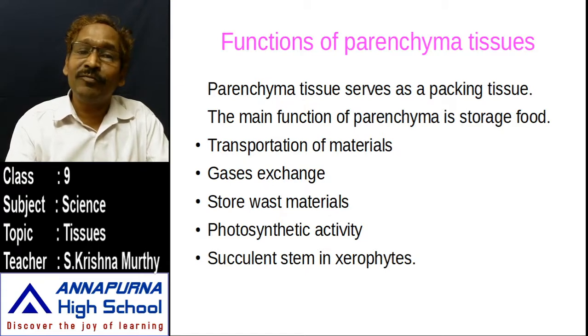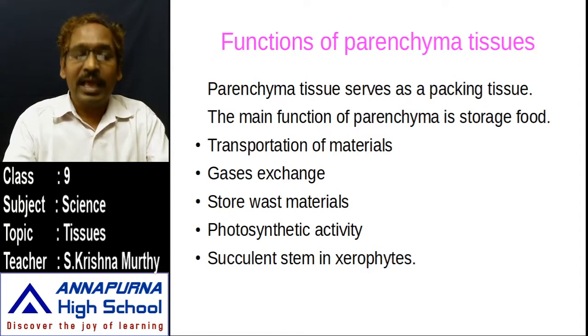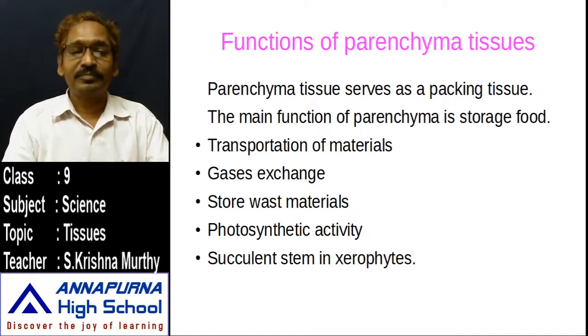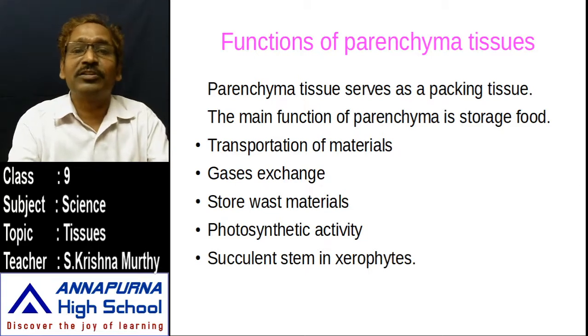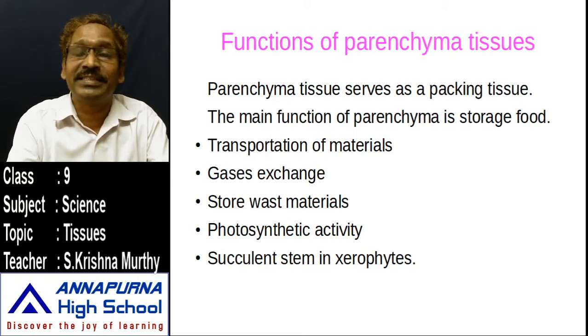Wherever the food is stored, that area contains parenchyma tissues. So parenchyma tissues help in the exchange of gases and storage of food material. Not only that, they also store some waste materials. What are the waste materials? The plant secretes some waste material, such as gums. We know very well about gums.